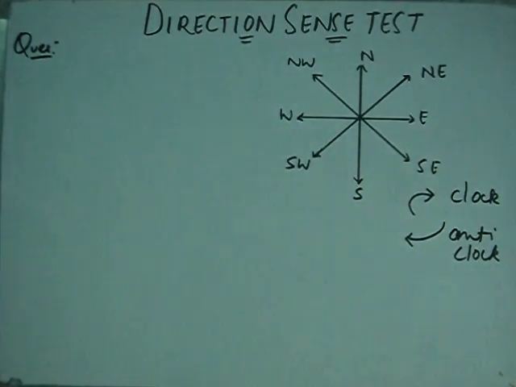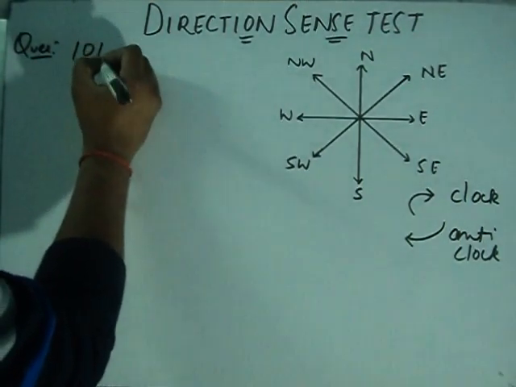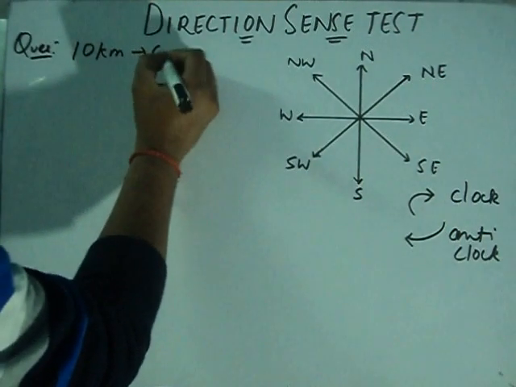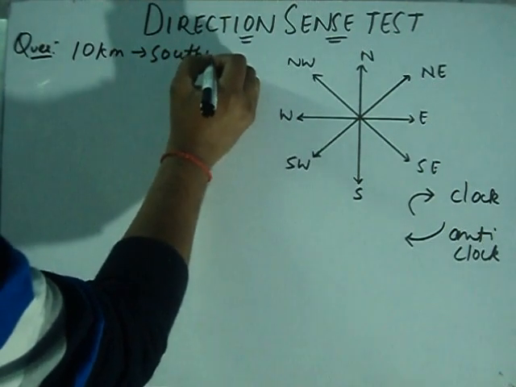Whenever the question says you are going in the left direction, take the left according to your left hand. So in my next question, Ravi left home and cycled 10 kilometers southward.